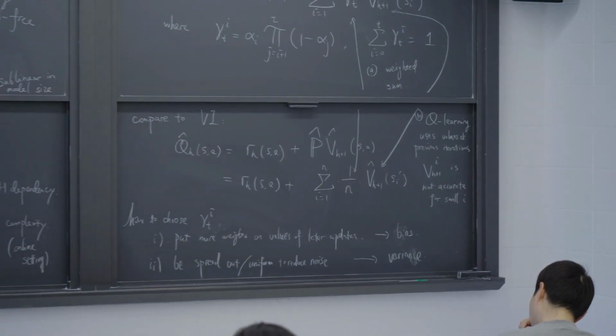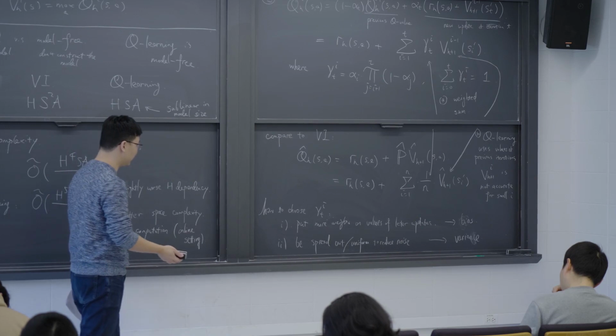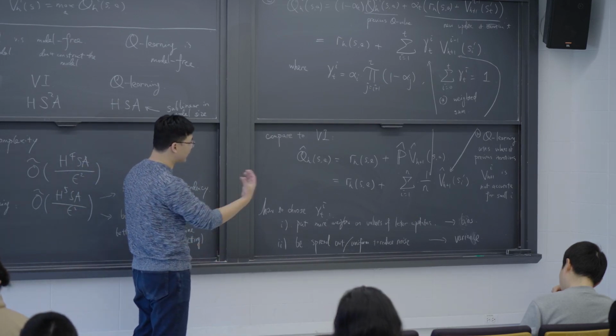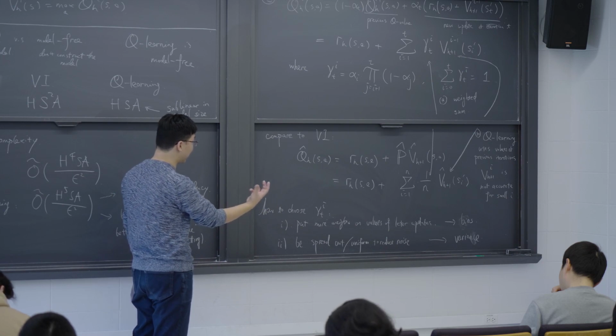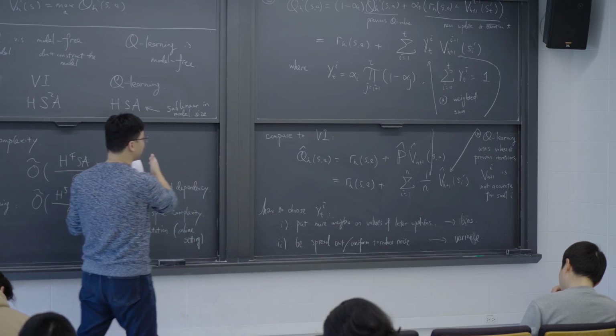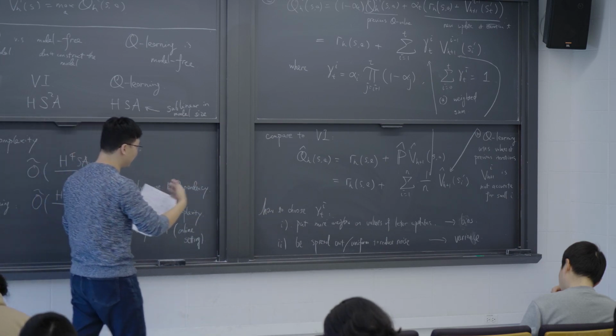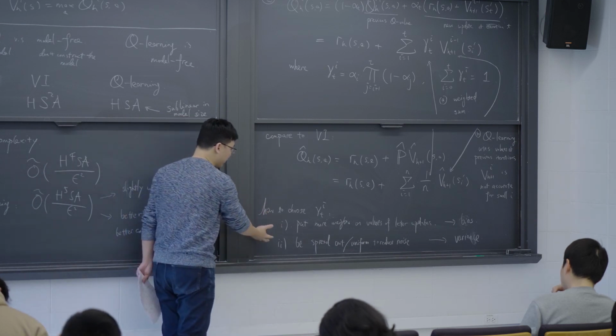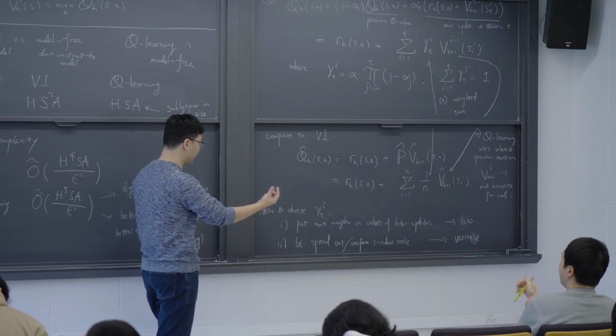So basically, we can think the ideal choice would be something where we put a lot of weights on the later updates, so the previous iterates have smaller values, and later iterates have higher weights. But on the other hand, we should not just focus on one update because it has a lot of noise.